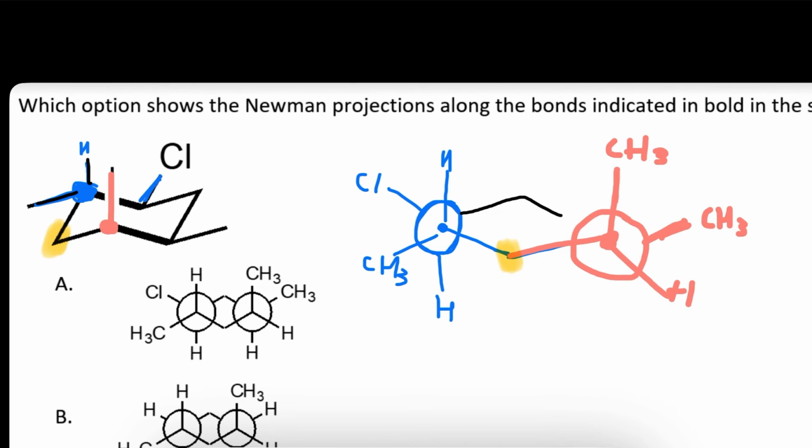What about our back? We already have this on the other side, so our back carbon is going to be this because it's attached to the methyl. So therefore, we got our methyl, we got our connectivity here, so this corner is going to be this.